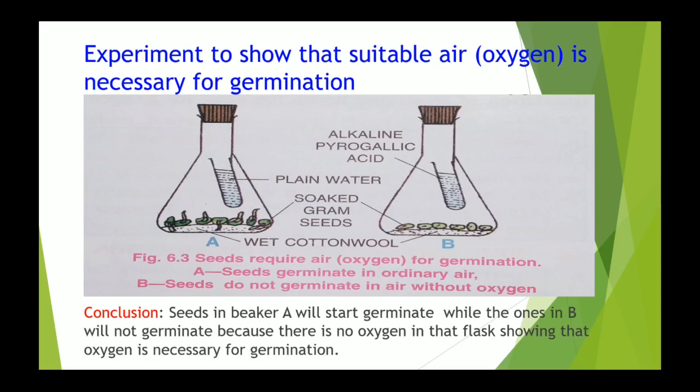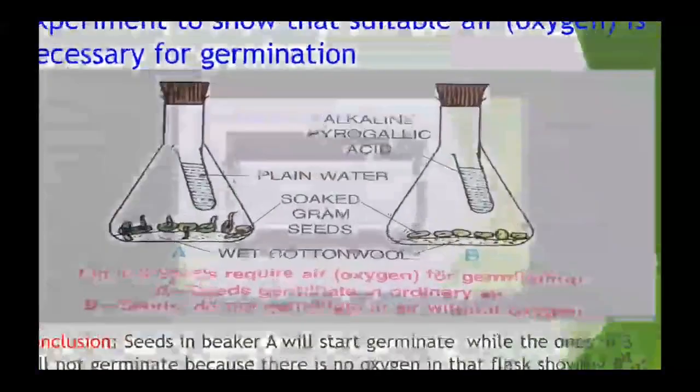So now I think you understood that these factors, temperature, water, and oxygen, are the essential conditions for seeds to get germinated.